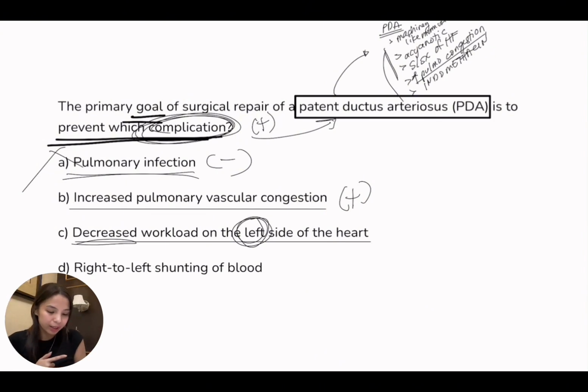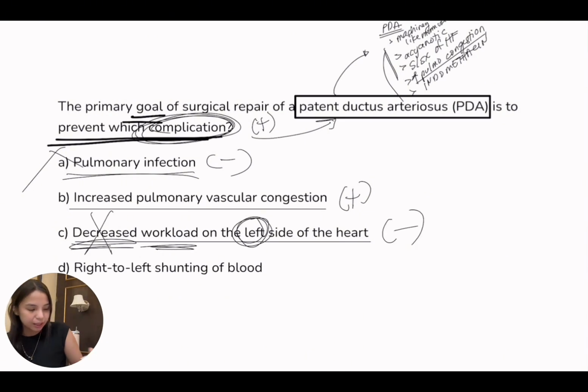And eventually, is it a decrease or an increase in workload of the heart? Eventually, your lungs have increased resistance. There's so much resistance in your lungs that your heart has to keep pumping. So is that a decrease or an increase in workload? Of course, it is an increase in workload. So that is wrong.